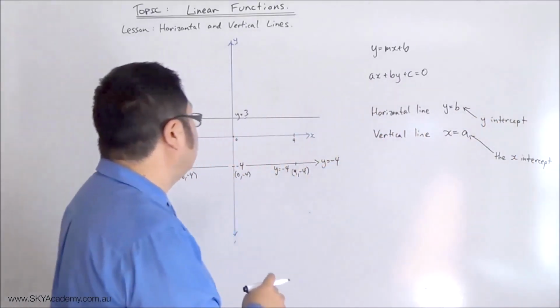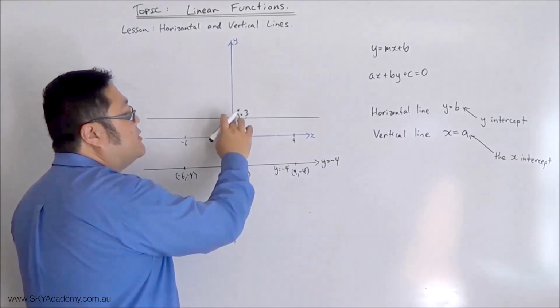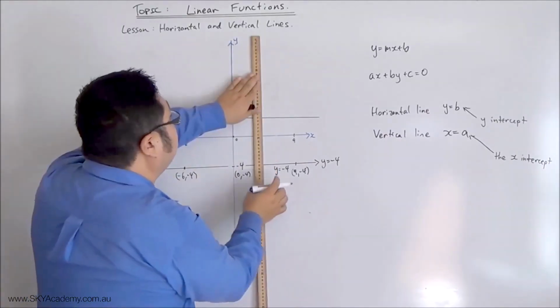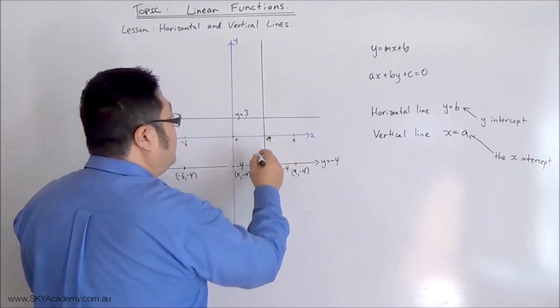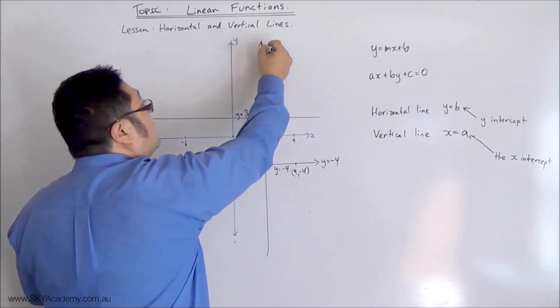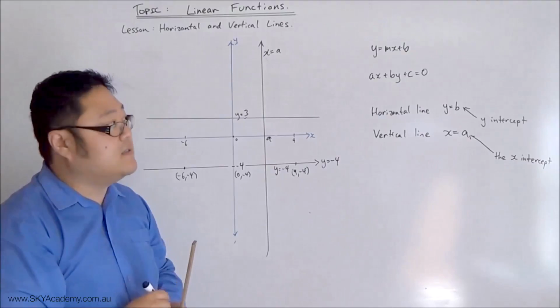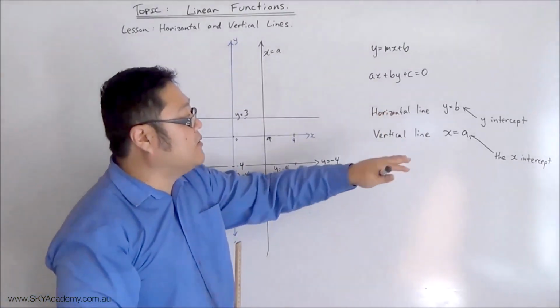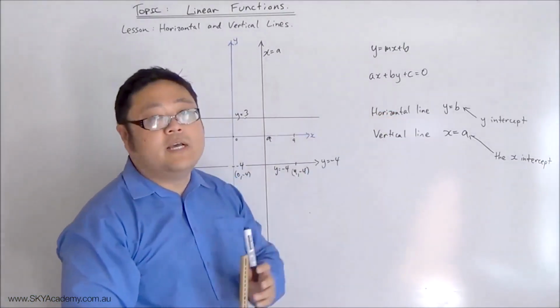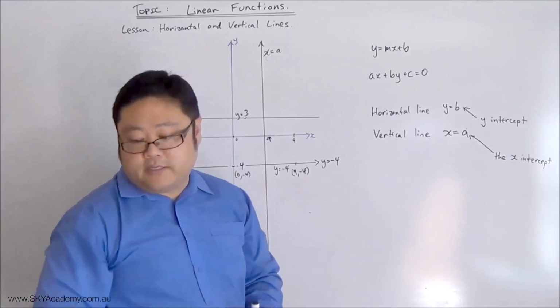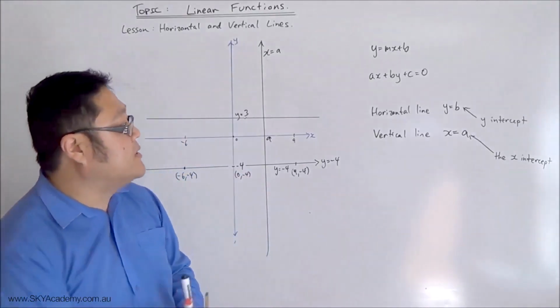So b is where this line crosses the y-axis, and for the vertical line, a is where the vertical line crosses the x-axis. So horizontal lines take on the form y is equal to b, vertical lines take on the form x equals to a.